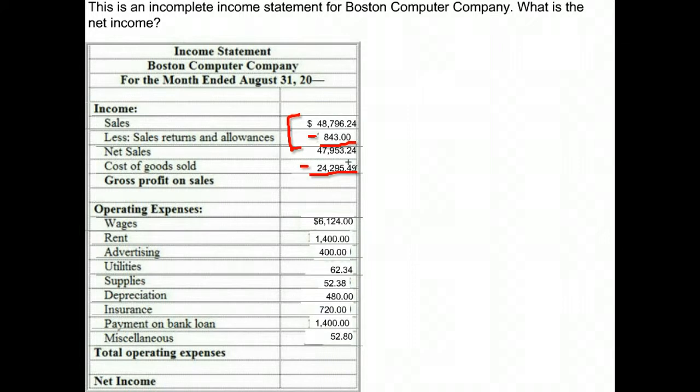So we take the $47,953.24 and we subtract from that $24,295.40. Oh, not 49, just 40.